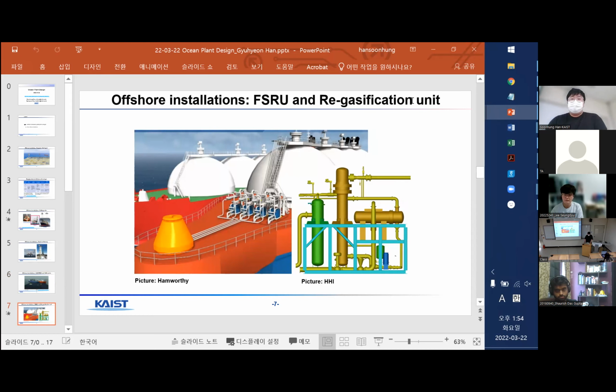But many people hate to install the regasification plant because it's quite noisy and causes some air pollution. So many producers choose the floating plant, and this is the FSRU. Near the land, FSRU ships regasify the gas and transport the gas to the land. This is the image of the regasification unit, but I'm not familiar with this.